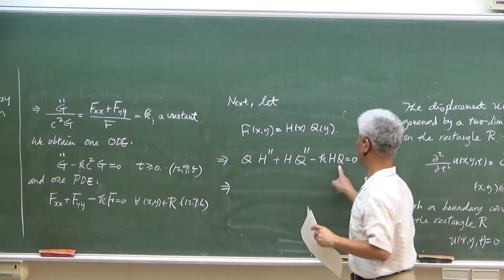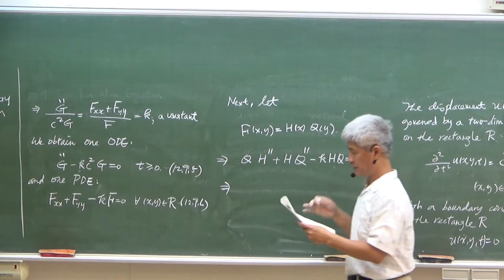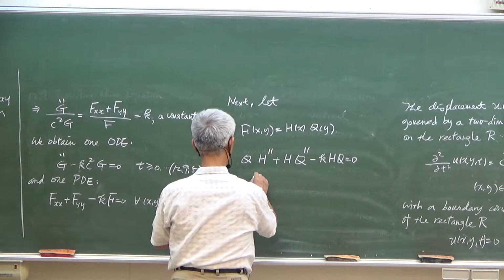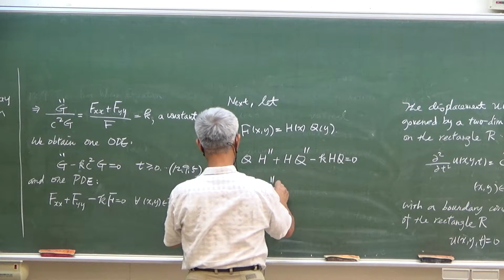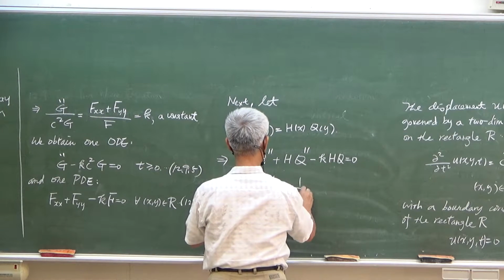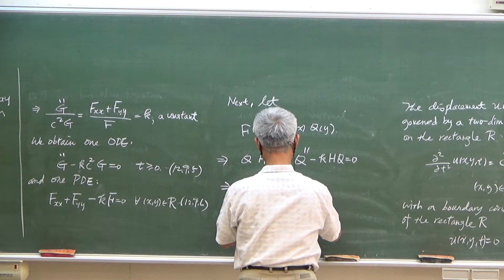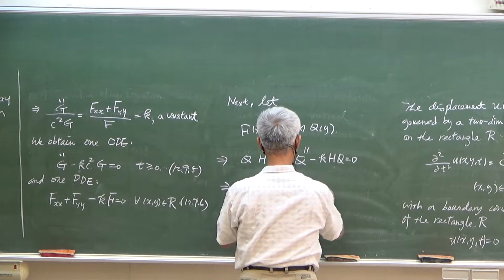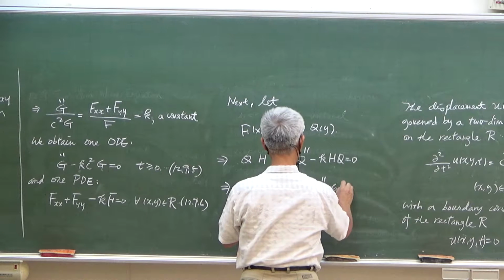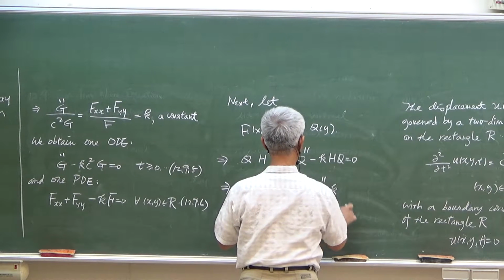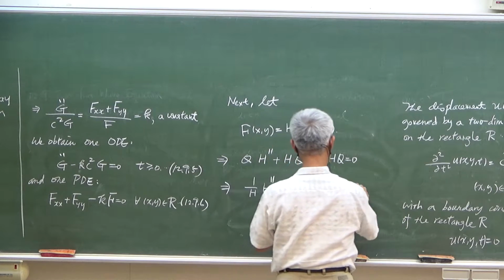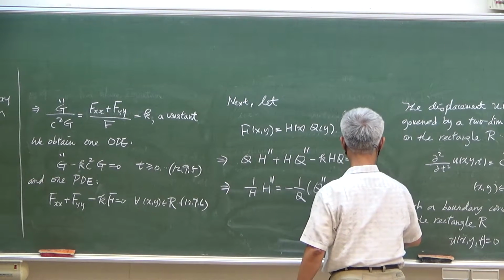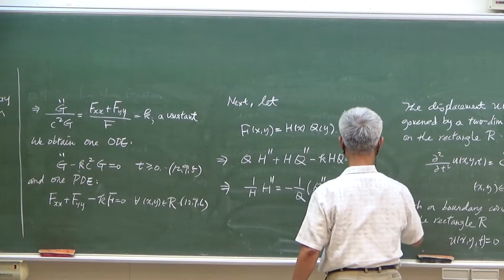And when you divide this by H times Q, you have 1 over H times H double prime equals minus 1 over Q times (Q double prime minus kQ), and it equals p, again a constant. So p is a constant.